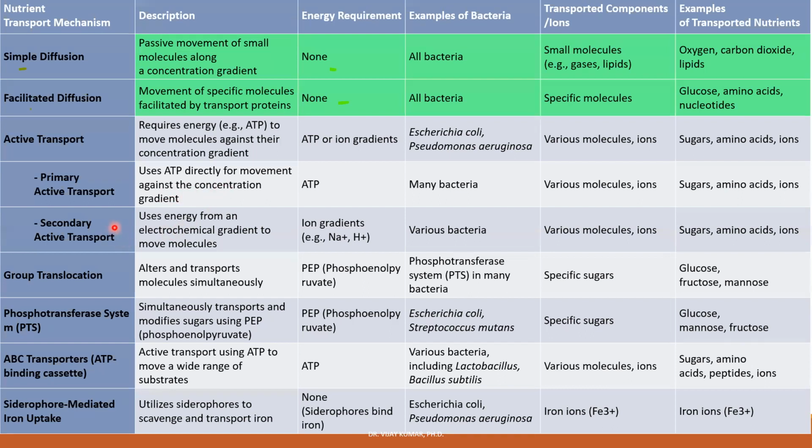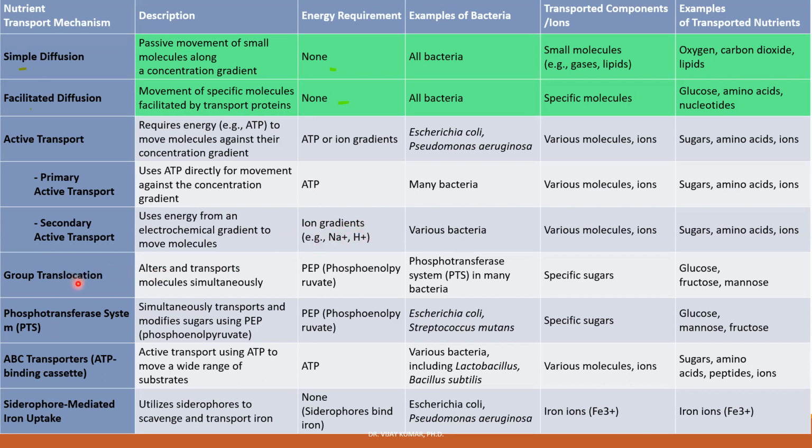But in the secondary, it uses energy from an electrochemical gradient to move the molecule. In the primary system, it is the ATP which is providing the energy, whereas in the secondary case, it is the ion gradient which is providing the energy.